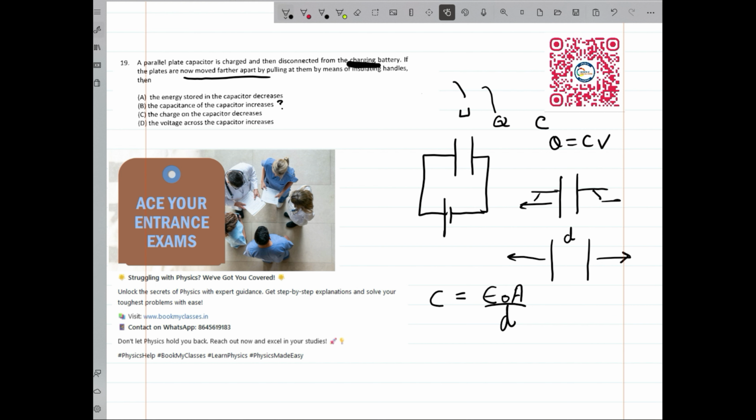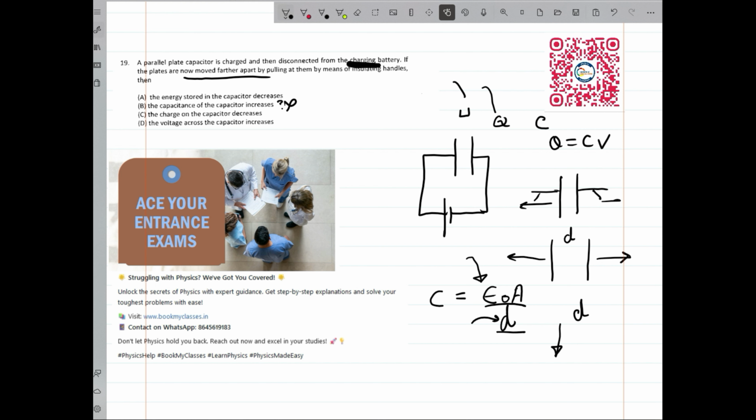Capacitance purely depends on physical parameters like the area, the distance, and the medium between them. We have assumed the medium as vacuum. So if D is increased, the capacitance will go down. So this is completely wrong. Increasing the distance will decrease the capacitance.